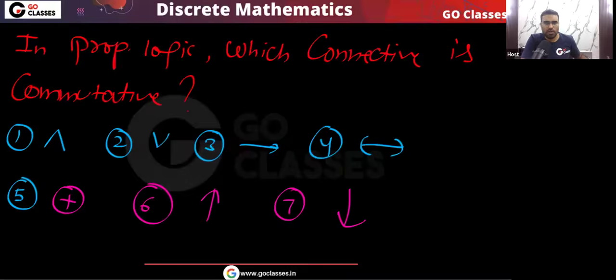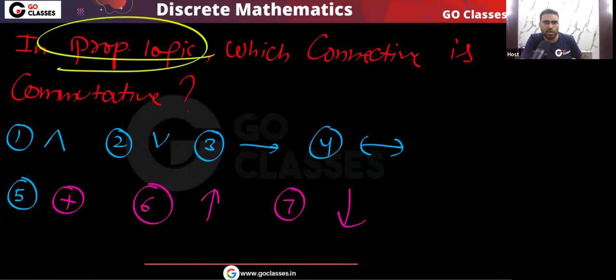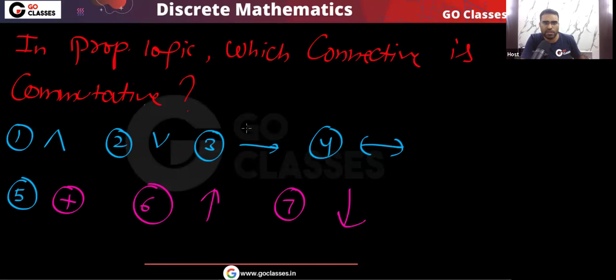Tell me the answer to this question. Which other operation is commutative? In propositional logic, which connective is commutative? You can see AND is commutative, OR is commutative. Let me tell you, implication is not commutative, because P implies Q and Q implies P are not the same.